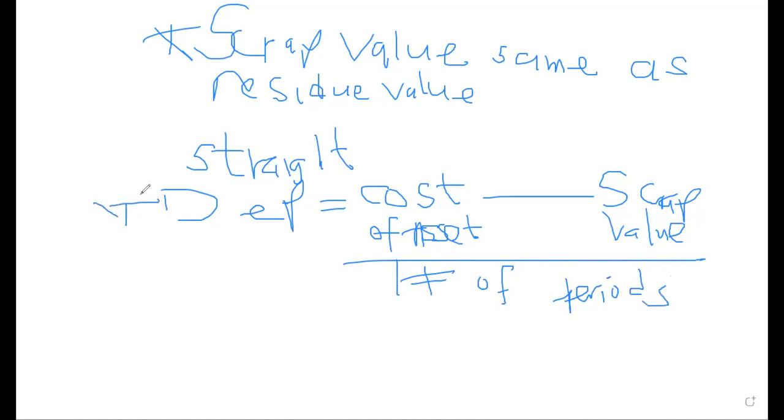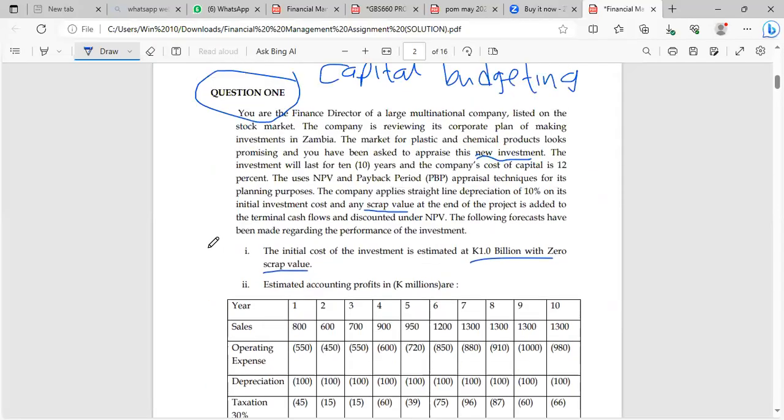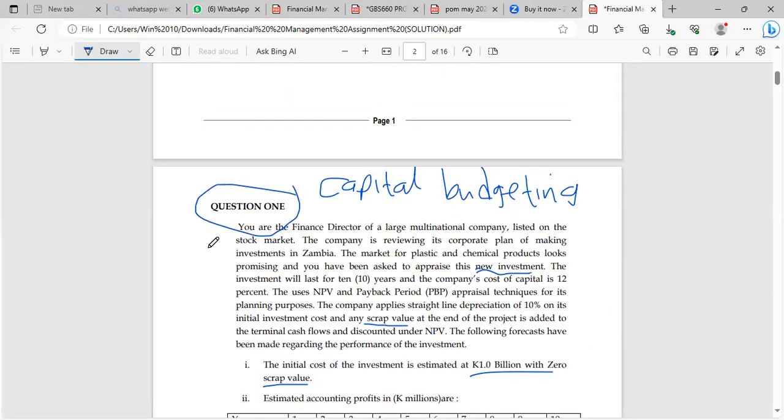So this is on the aspect of the straight line method of depreciation. Here we are seeing that we have the 1 million. The scrap value is 0. Divided by how many years the equipment was supposed to be in operation. It's supposed to last for 10 years.